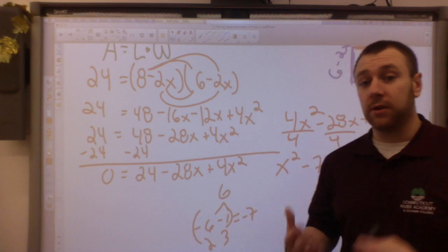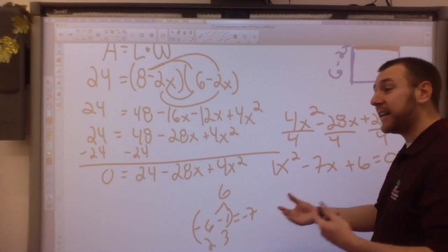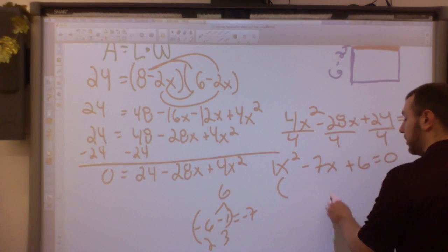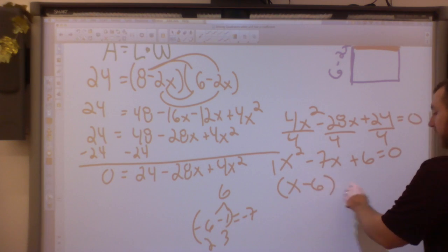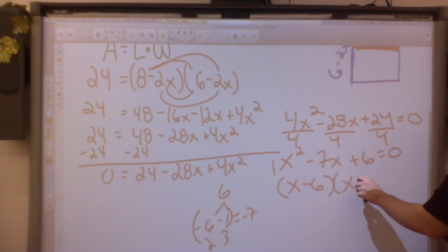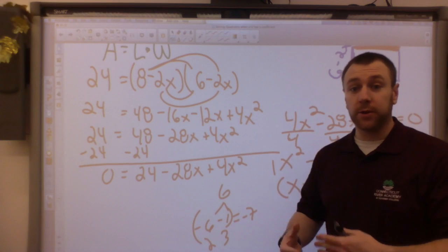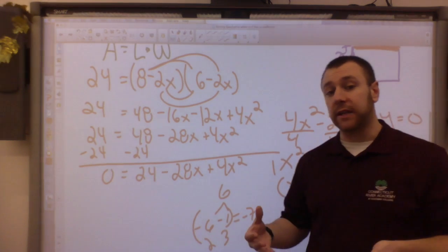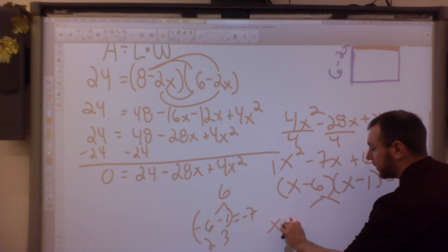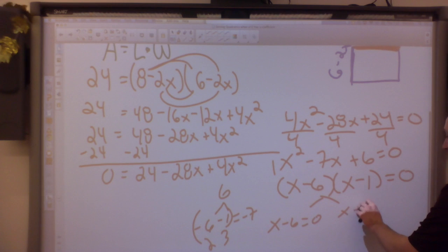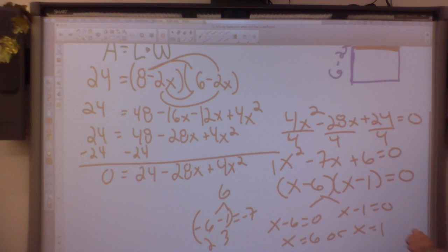So if I remember that trick, when the A is 1, I can skip right to my answer, where it's going to be x minus 6, x minus 1 equals 0. Or I can go through the steps of replacing, factoring by grouping. So now I split these, and I go, okay, x minus 6 equals 0, x minus 1 equals 0, so x has to be 6, or x has to be 1.